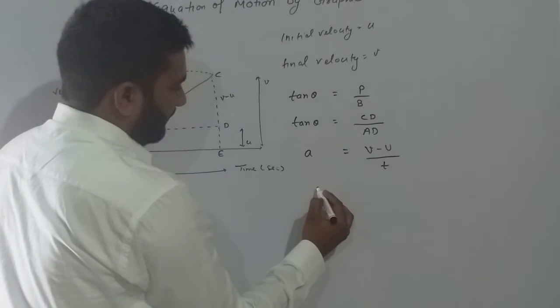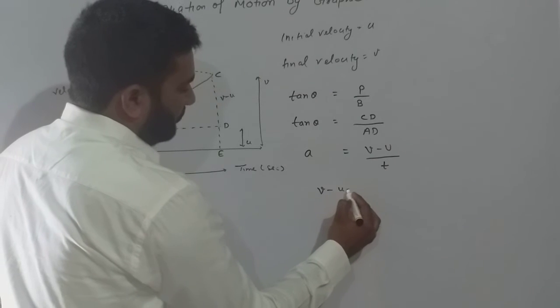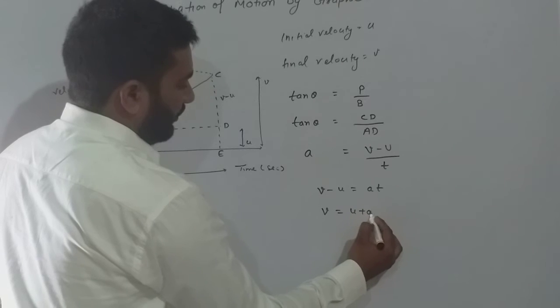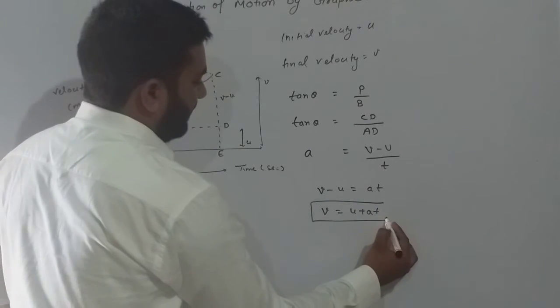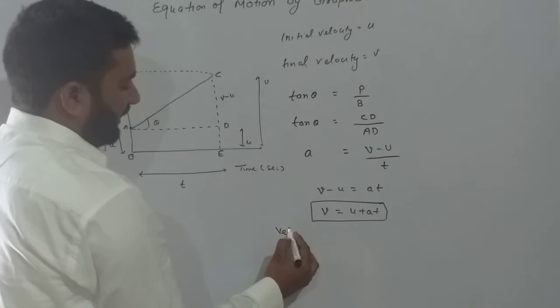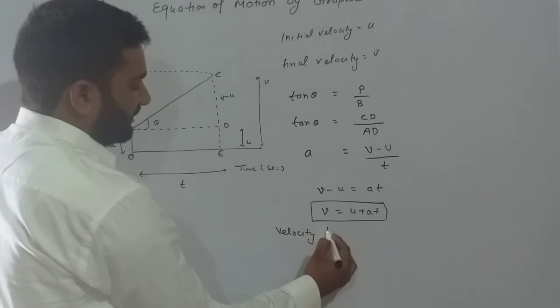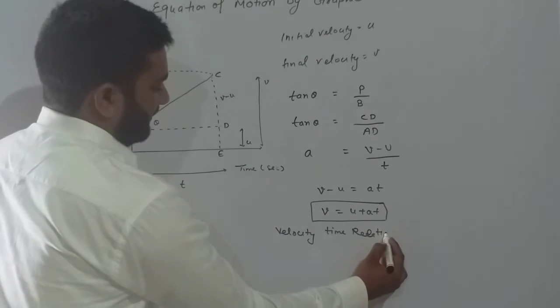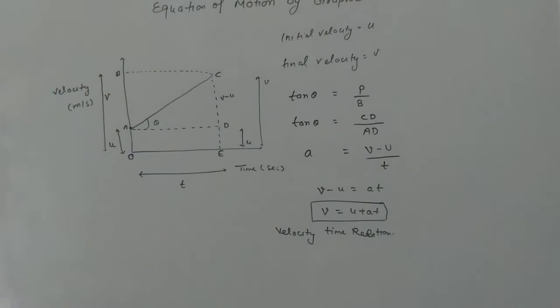By cross multiplying, v minus u is equal to at, and v is equal to u plus at. This is the first equation of motion, known as the velocity time relation.